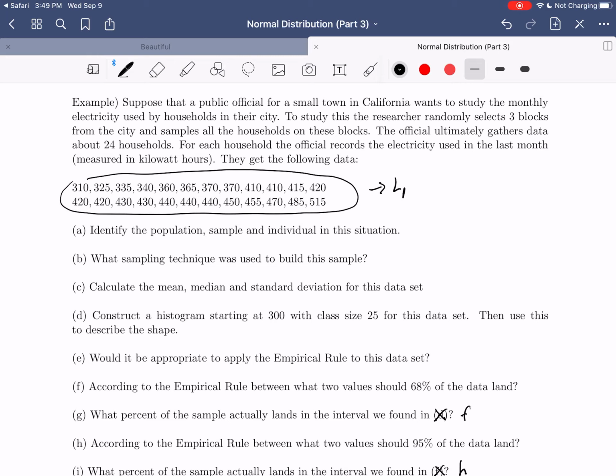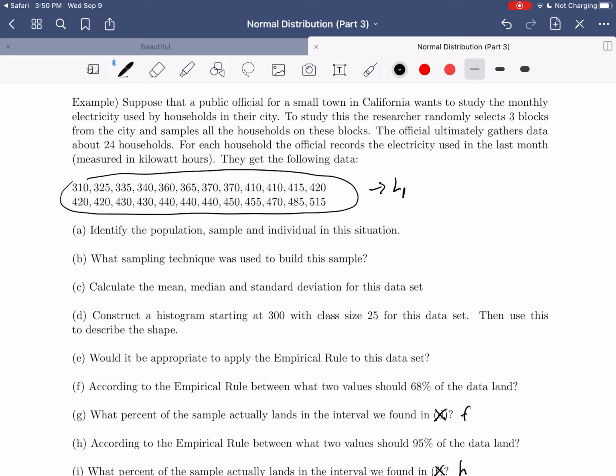So we've got 310, 325, 335, 340, 360, 365, 370, 370, 410, 410, 415, 420, 420, 420, 430, 430, 440, 440, 440, 450, 455, 470, 485, and then 515.